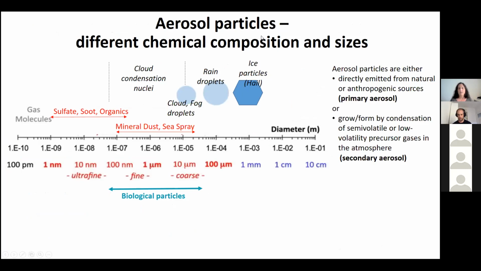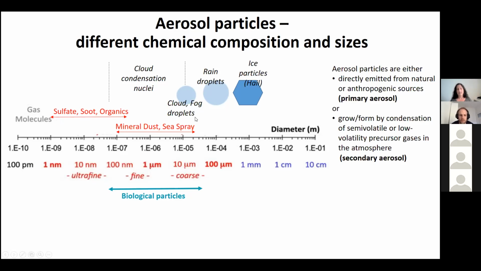So now, what does biology have to do with it? First here, a short summary about the size range. If I talk about aerosol particles, what is the size range I'm referring to? Here, the most abundant particles are likely sulfates, soot, and organics. So they are somewhere in the nanometer scale, or maybe up to a few hundred nanometers.